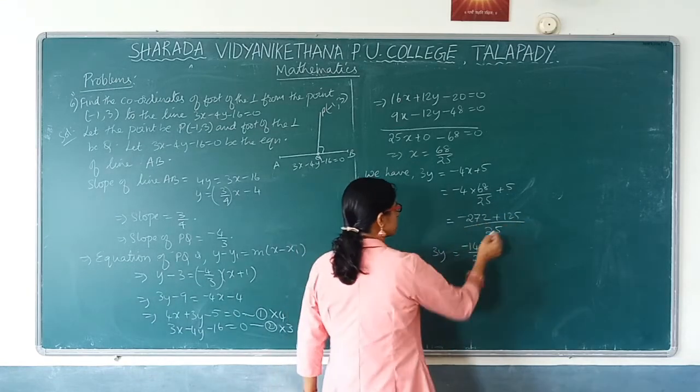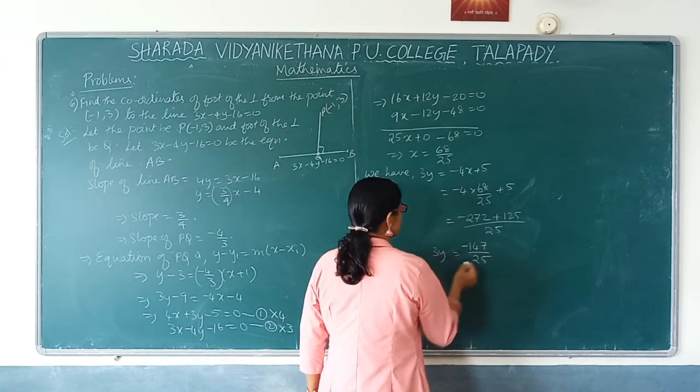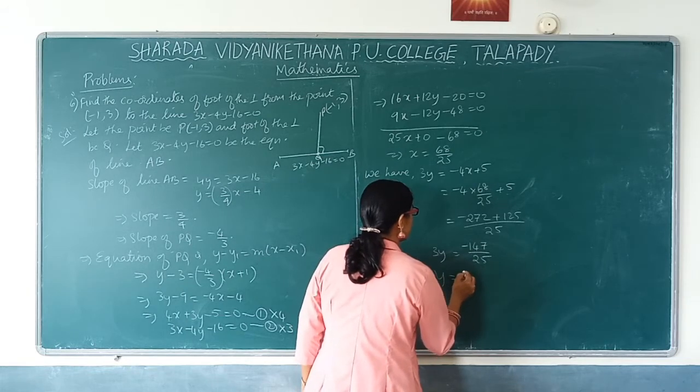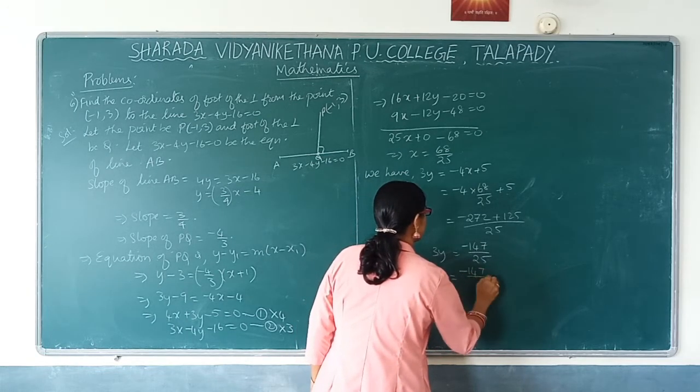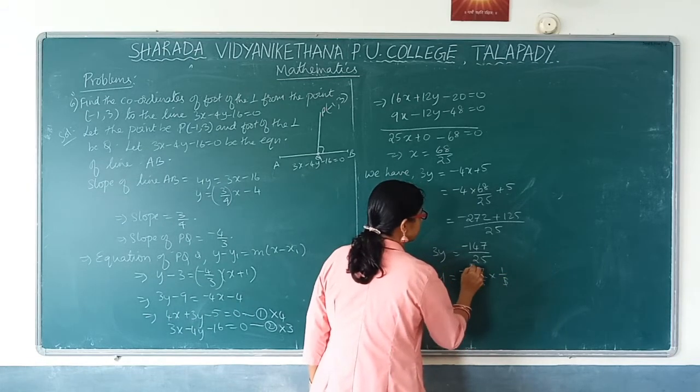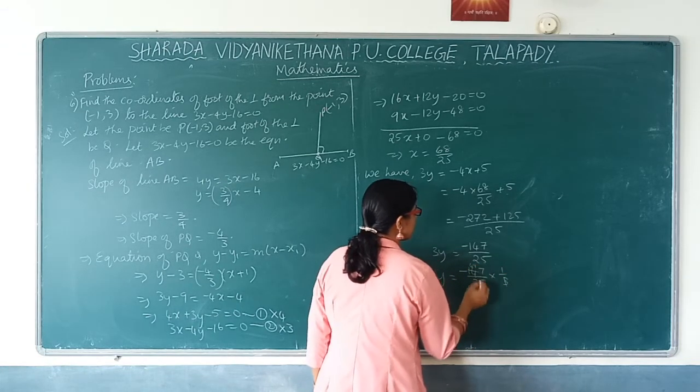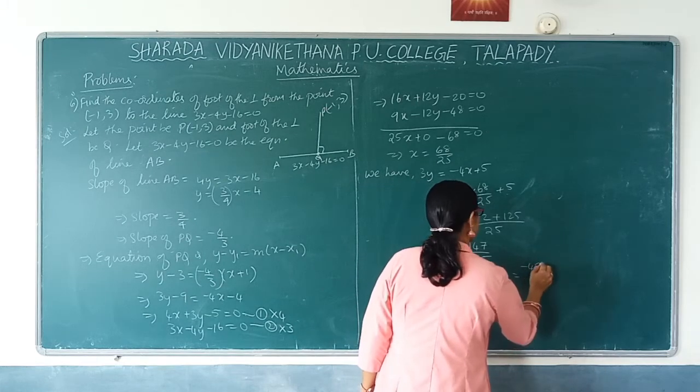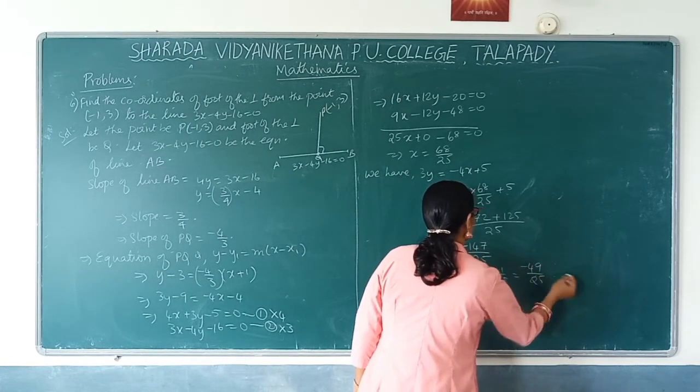Just add this, you will get minus 147. So now we want y. What is y? Y is equal to minus 147 by 25 into 1 by 3. So 3 is divisible by this. 3 4s are 12. 3 9s are 27. So it comes out to be minus 49 by 25.